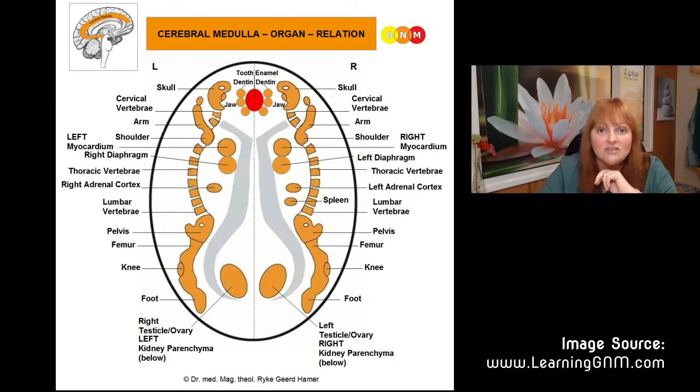So next we have the cerebral medulla, which is part of our white matter. Little is known in mainstream about the white matter of the brain. So the control centres are formed in perfect order, mirroring the structure of our body. These are concerned with our structure and movement. These control centres are impacted by self-devaluation conflicts. In other words, by our own negative thoughts and self-worth and blame for things we cannot do or things that happen to us.